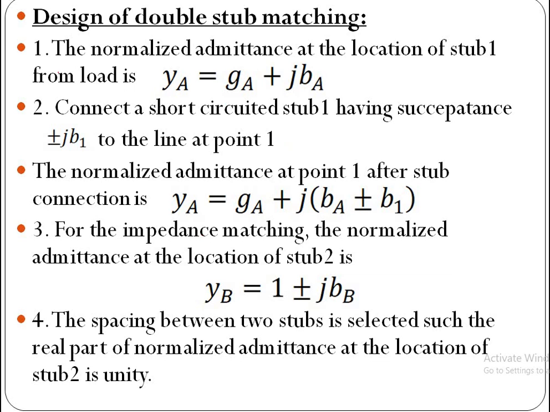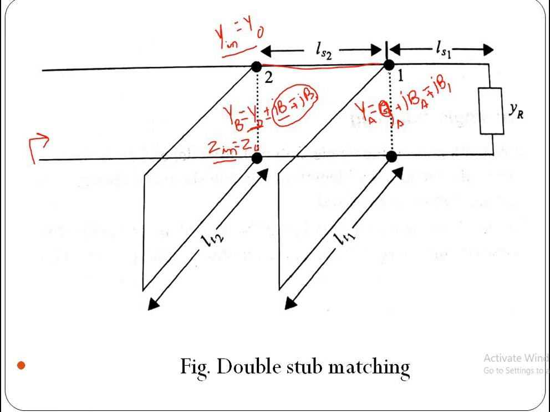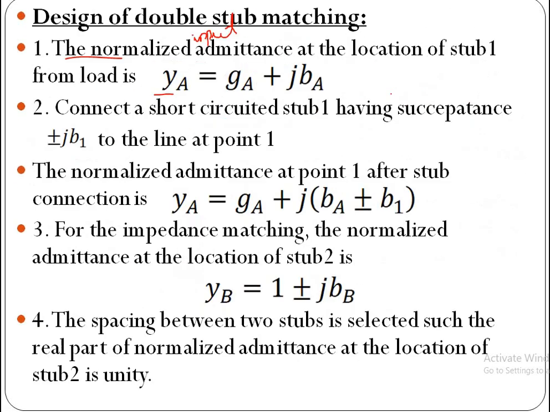Design of double stub matching. The normalized input admittance at the location of stub 1 from the load, YA, is equal to GA plus JBA. This YA means at this point, this is YA, which is equal to this one before connecting stub 1.